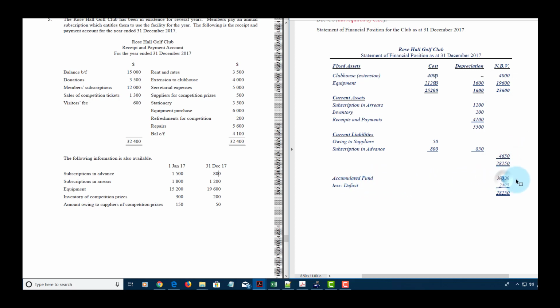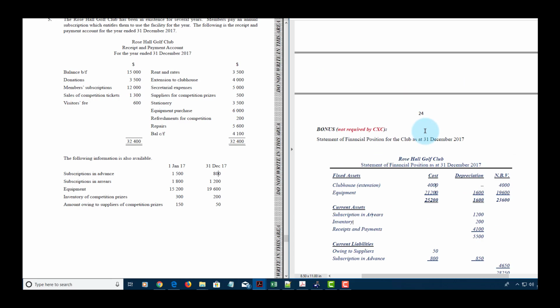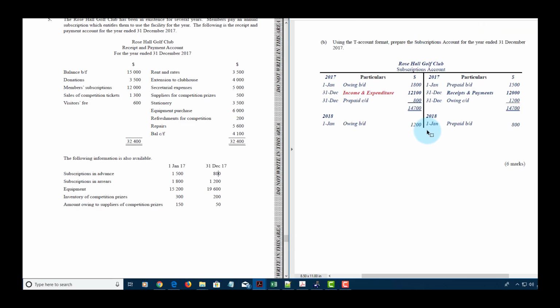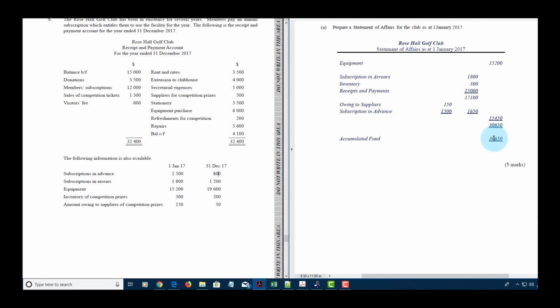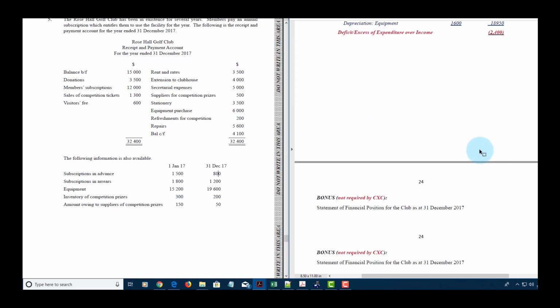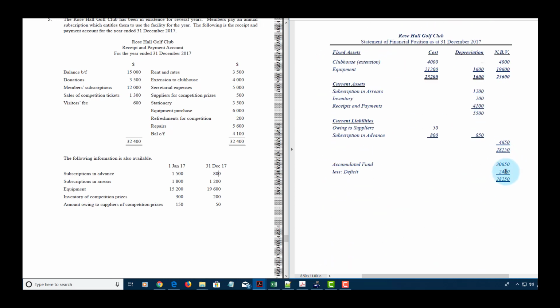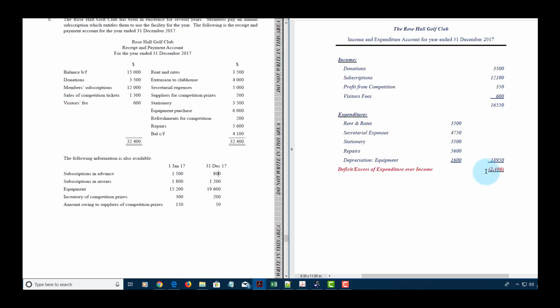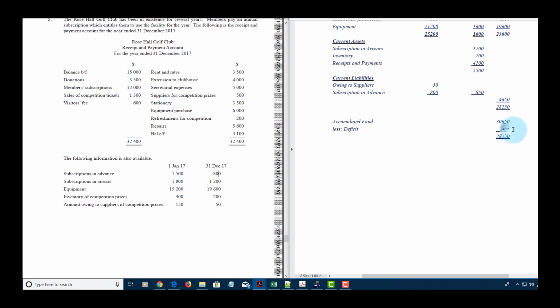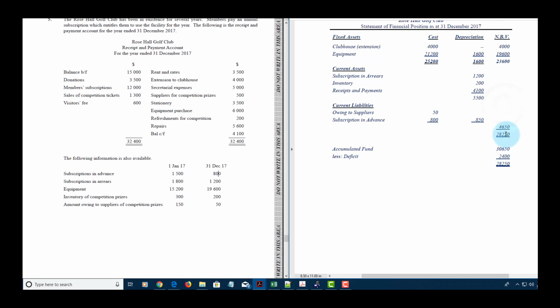Your accumulated fund, which we found out earlier at the start of the question, $30,650. And from that, you are going to subtract your deficit. We made a deficit of $2,400. You subtract your deficit, you have $28,250, and we can see that our balance sheet totals, they both agree.